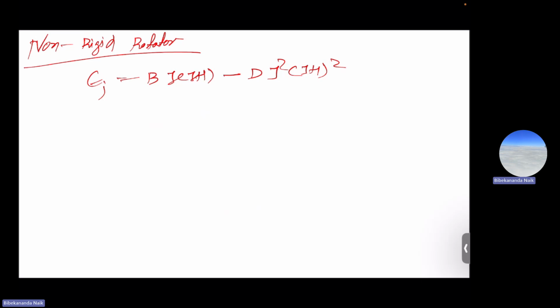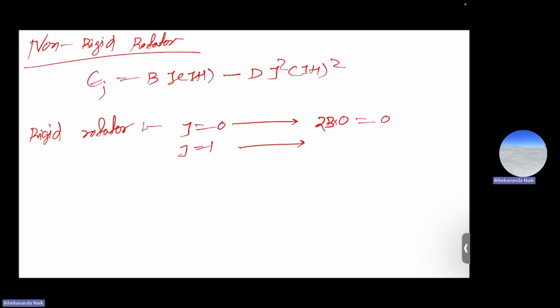For example, for the rigid rotator, if J is 0, it will be 2B into 0, which is 0. For J equal to 1, it will be 2B. For J equal to 2, it will be 6B. For J equal to 3, it will be 10B. But in case of the non-rigid rotator, it will be different.